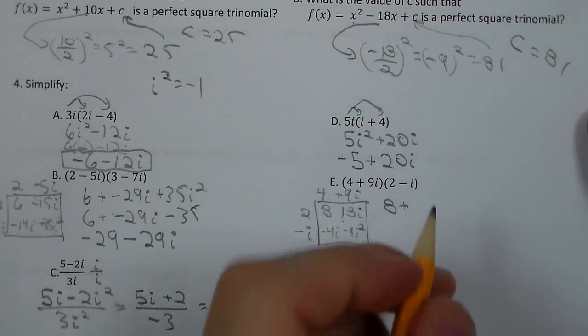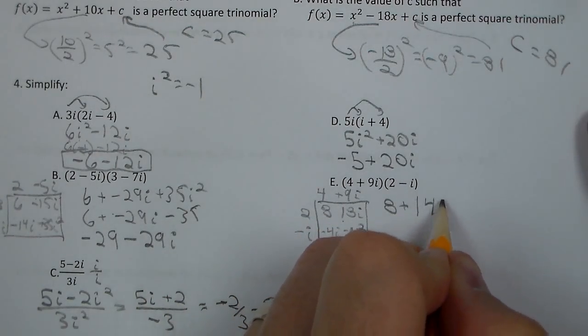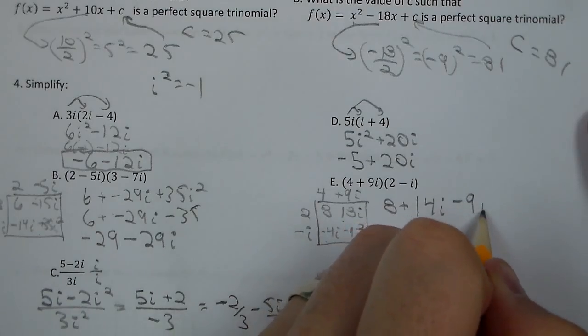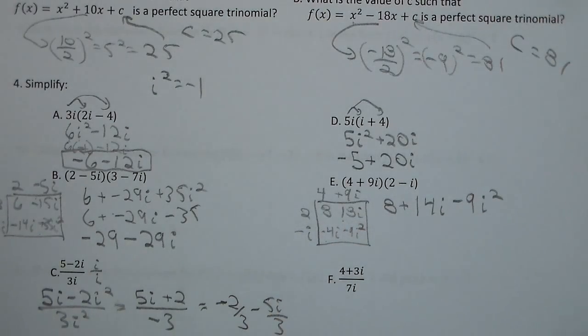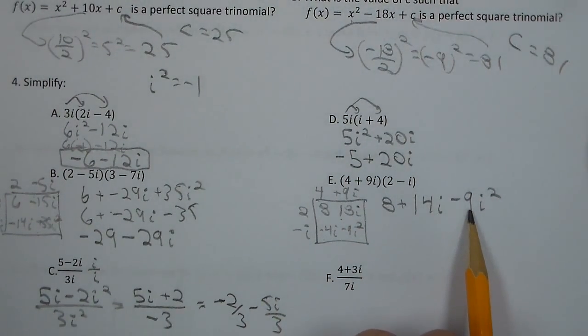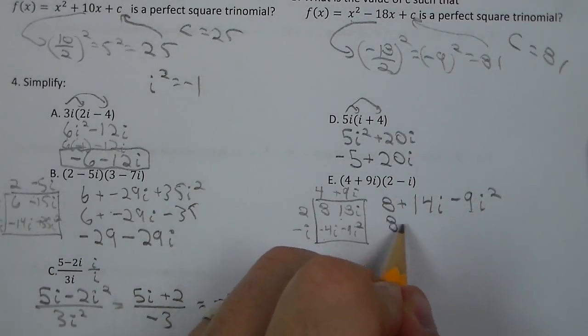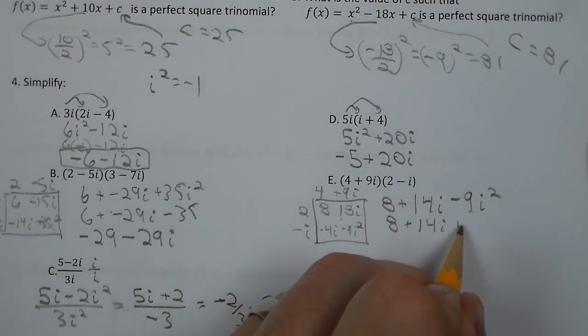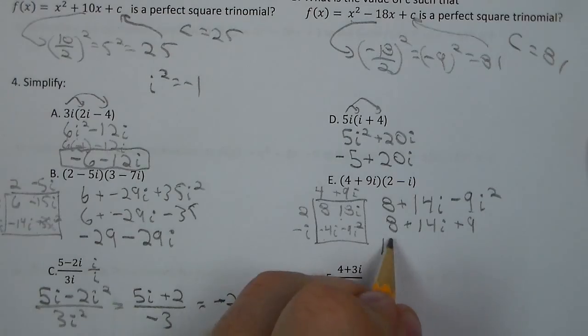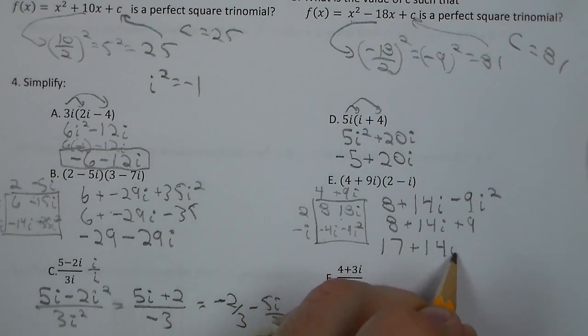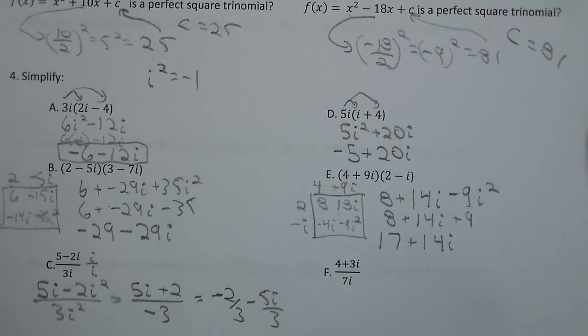So 18i and negative 4i is 14i, and the negative 9i squared on the end becomes a positive 9 because it's i squared. Now 8 and 9 is 17, so we go 17 plus 14i.